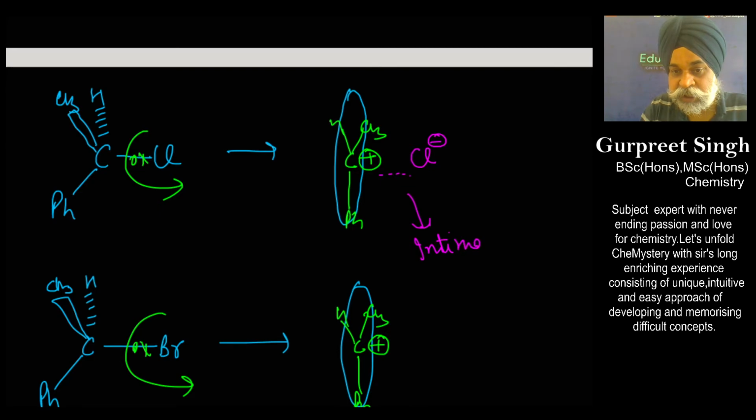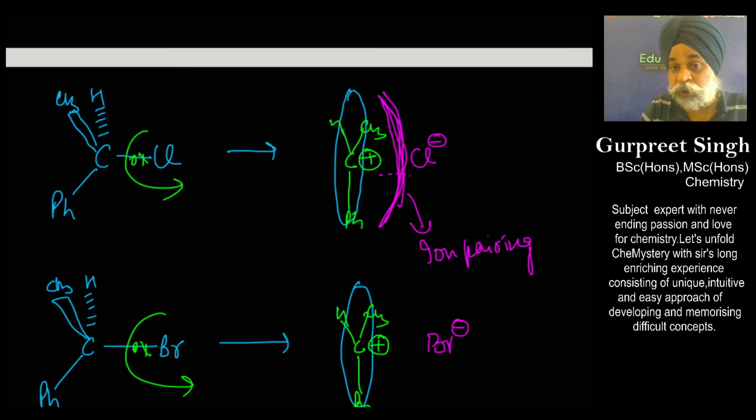Or simply I may say this is a sort of ion pairing, in the sense that Cl would love to remain on the side from where it has departed, because it is not a good leaving group. Or I may say this side of this carbocation is blocked for the attack of the nucleophile, which we are going to do.